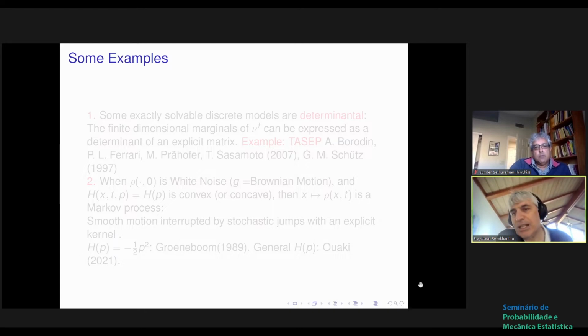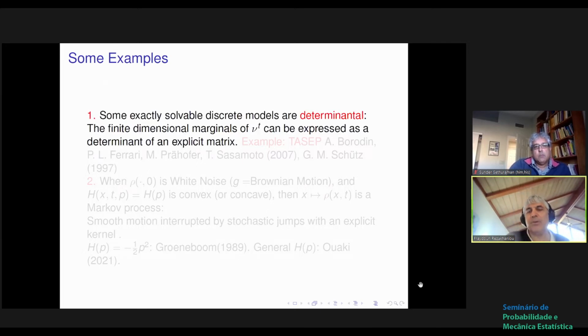Indeed, there are some examples for which you have a very nice description of the evolution of the measures. For example, there are some exactly solvable discrete models that are determinantal, meaning that the finite dimensional marginals of these measures can be expressed as a determinant of some explicit kernel.